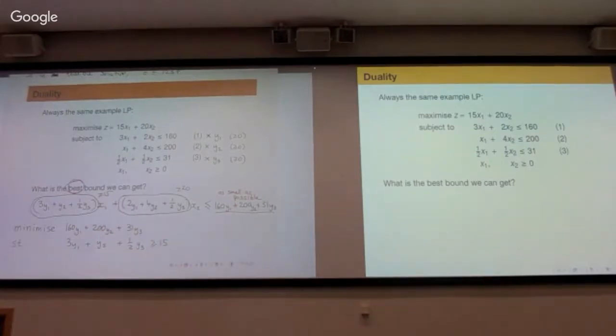And 2y1 plus 4y2 plus 1/2 y3 should be greater than or equal to 20, and all these y's non-negative.